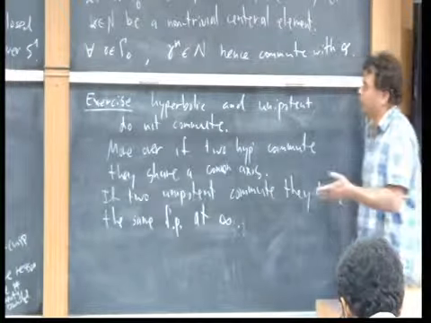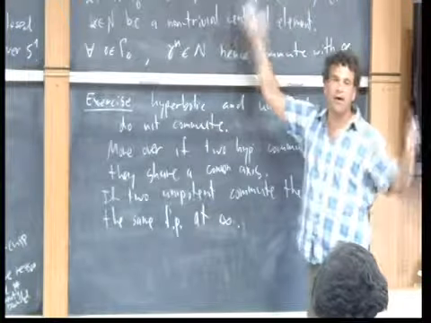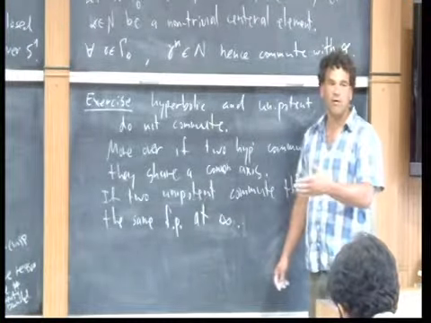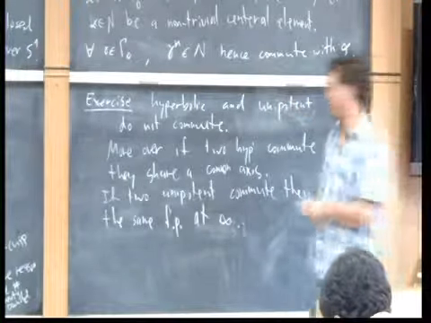So this tells you that all the elements in gamma naught are either hyperbolic with the same axis as alpha, or they are all unipotent with the same fixed point at infinity.